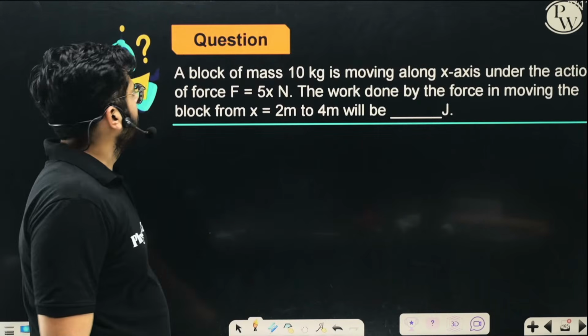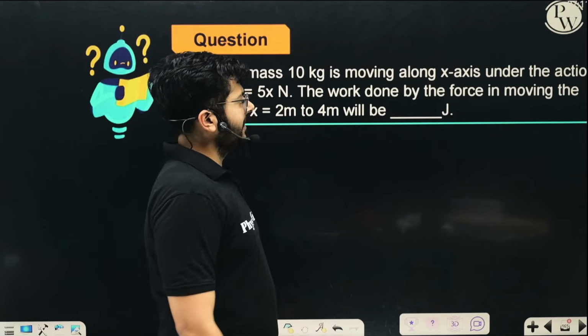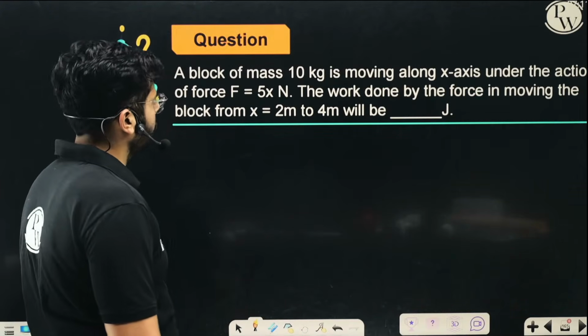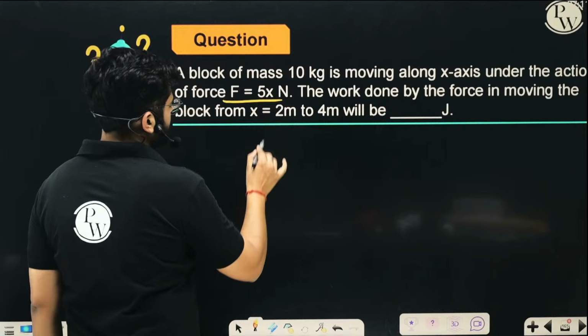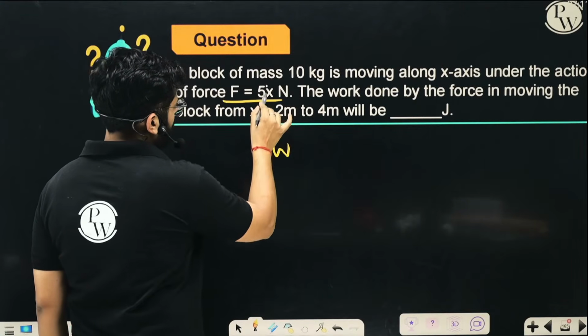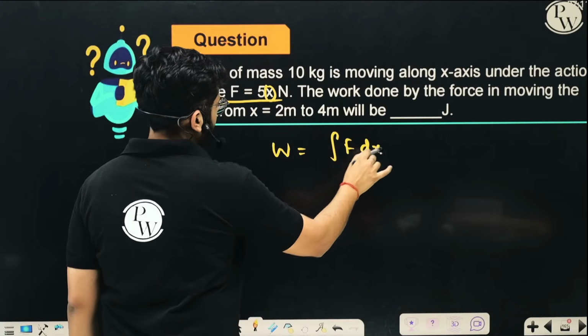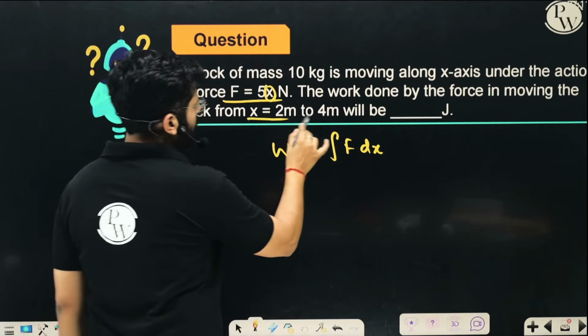A block of mass 10 kg is moving along the x-axis under the action of force 5x Newton. The work done by the force in moving the block from 2 to 4 will be? The force is a variable force, depends on x. So work done by such a force will be the integral of F(x) dx, moving from 2 meters to 4 meters.